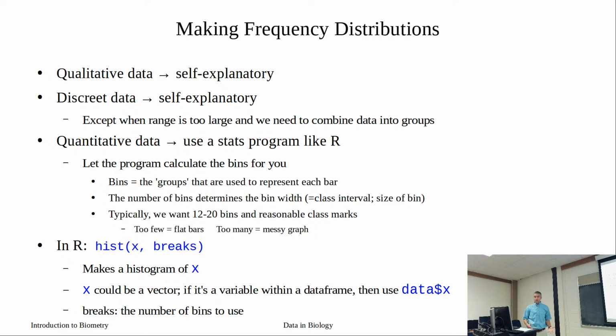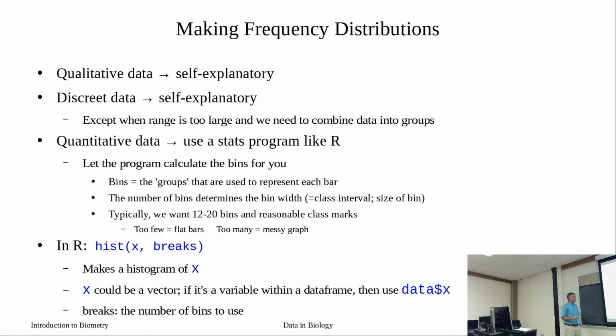And then from those bars, you have to figure out what your groups will be, and that's referred to as the bins. So each of our bars represents a single bin. And then once you know what bins you want, you have to take your data and put them into those bins and get a count of how many data points actually fall within those bins.